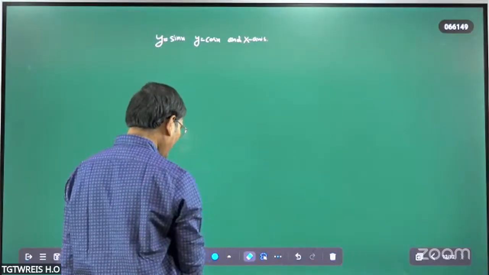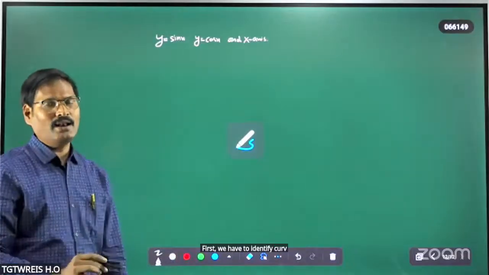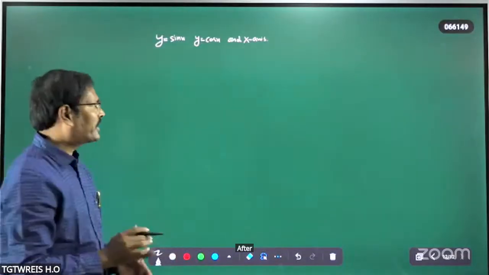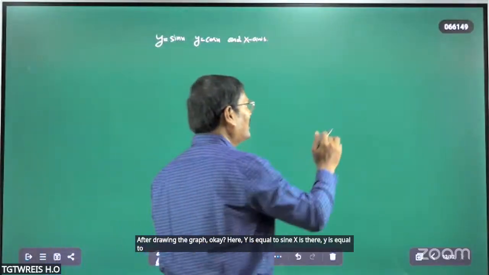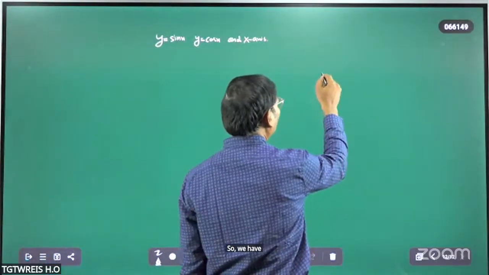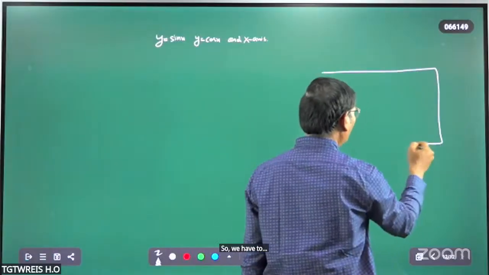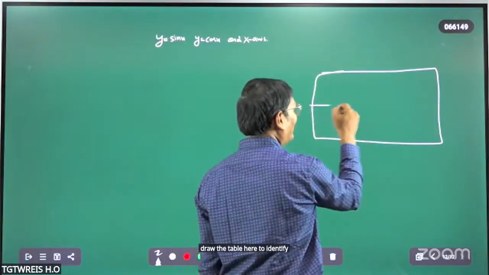First, we have to identify the curvilinear triangle after drawing the graph. Here y is equal to sin x is there, y is equal to cos x is there. So we have to draw the table here to identify the curvilinear triangle.